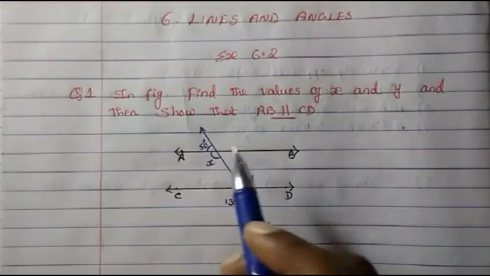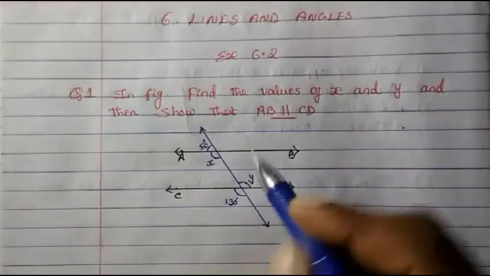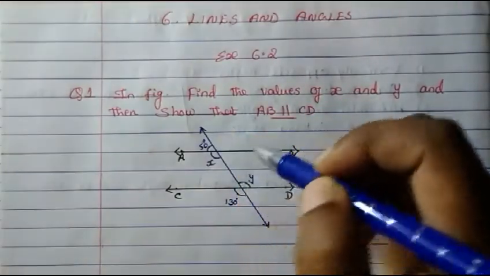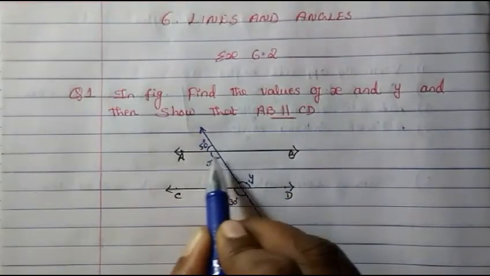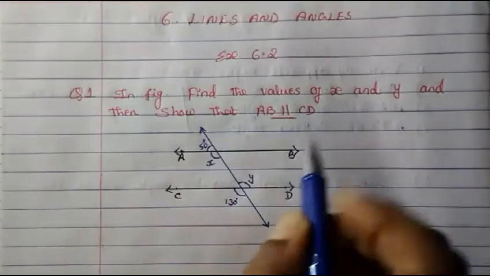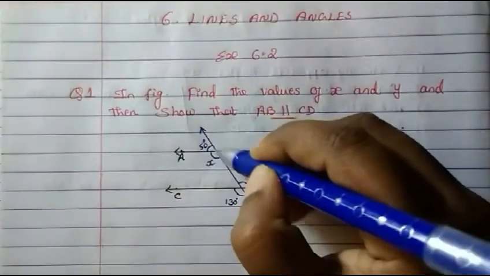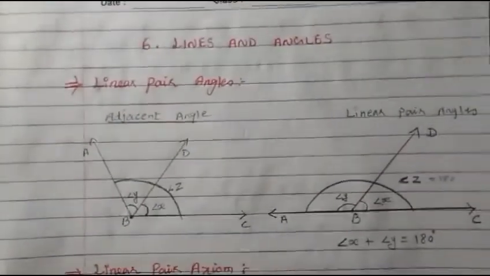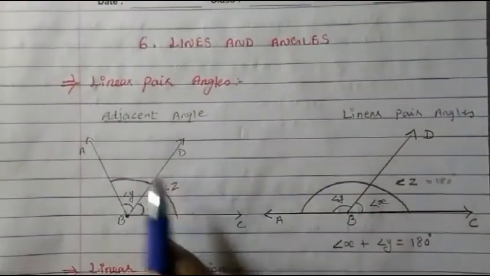Now first look at this part. We have to find out x. You can see this blue line is a transversal line, and here is the black line AB. Now this is a straight line. How much will this angle be? I explained this when we studied linear pairs of angles.